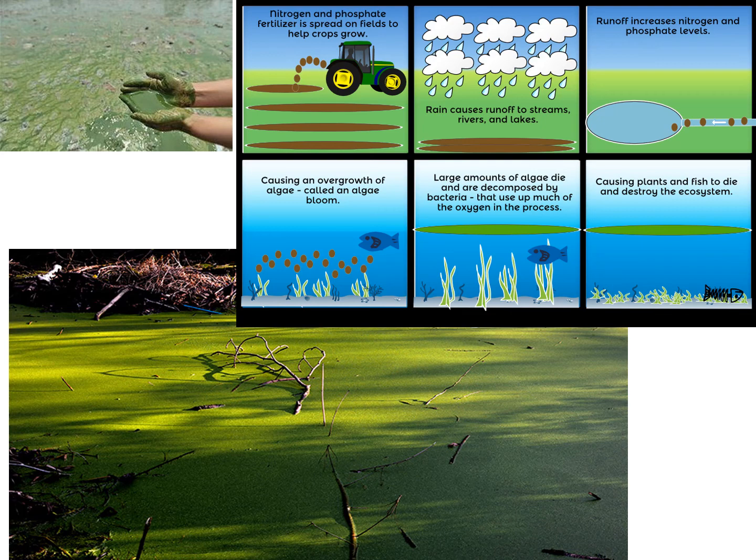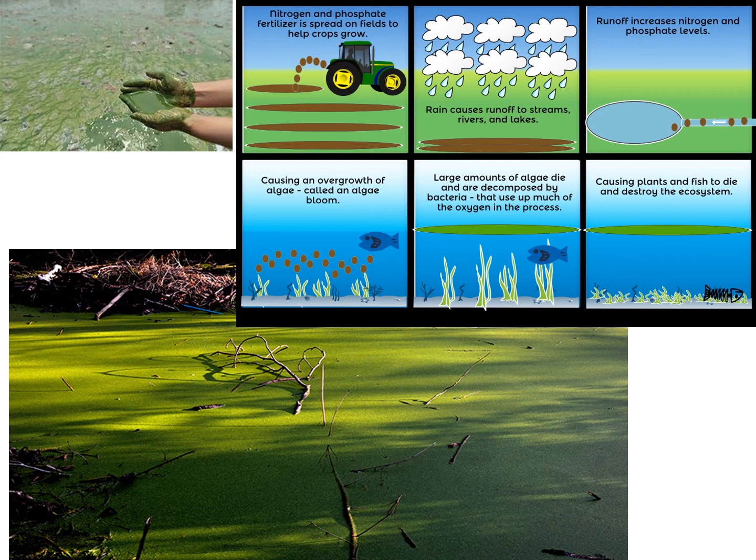There are other ways though. You've probably seen photos like this before when you've been out on a walk, maybe around canals or rivers, and you can see all the green, disgusting algae that has built up on the surface of the water. You may never have wondered where that has come from. It has come from the fact that the farmers on the fields in the areas are putting nitrogen and phosphates all over the fields in order to help the crops grow.